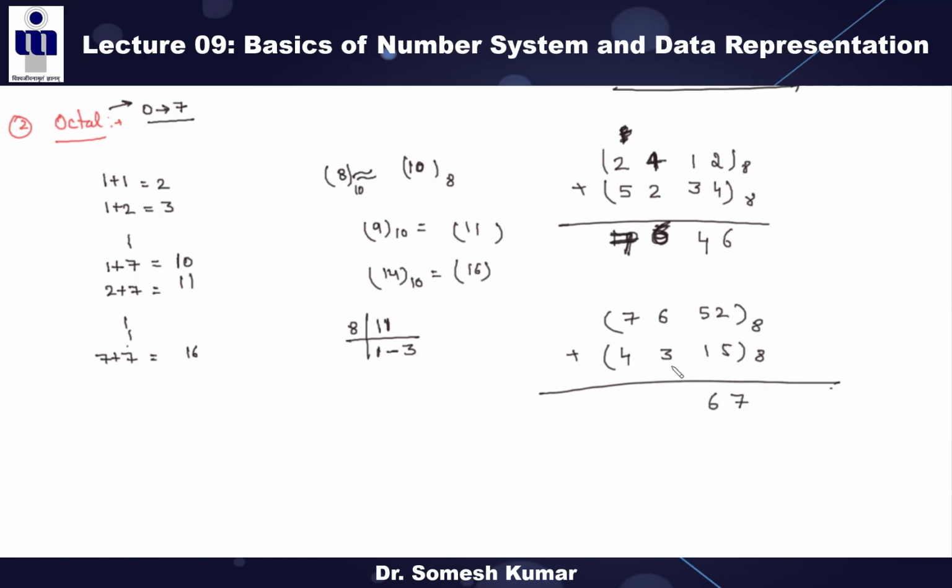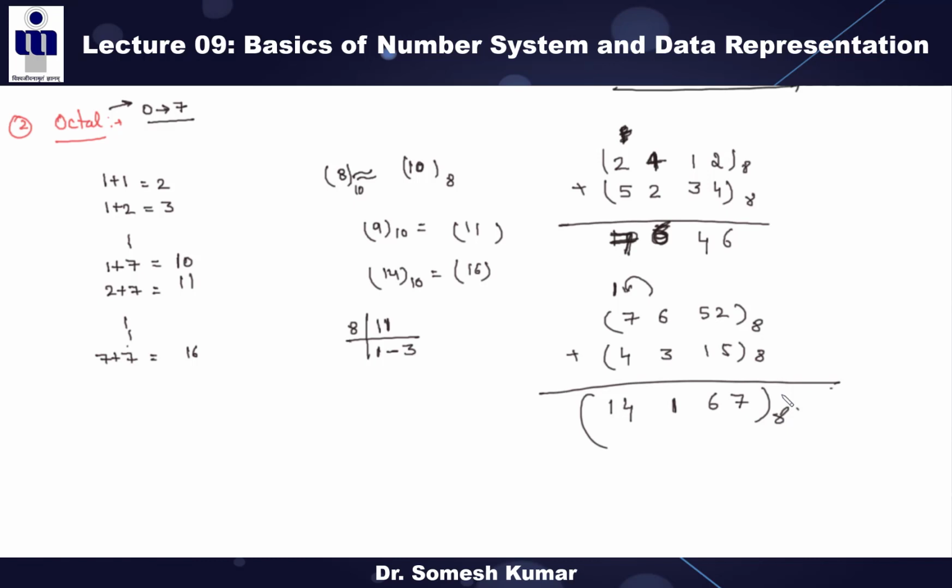Now tell me 6 plus 3, 11 in octal, so 1 and carry 1. Now 7 plus 1, 8, plus 1, 11, so 1 and carry 1. Also convert the thing. Got it? So now you can add your octal numbers.